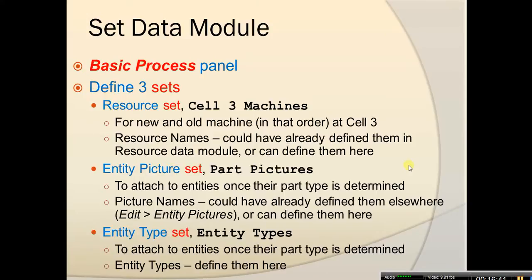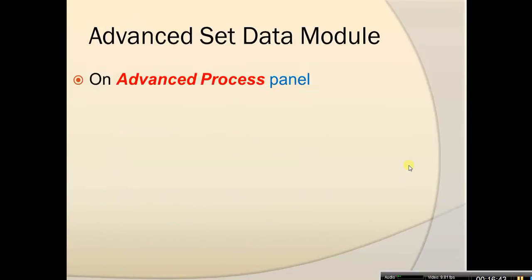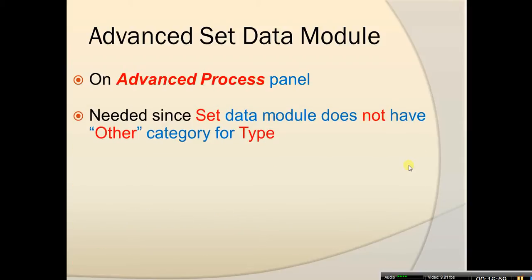So we'll define entity types here, and not only will we use the set, but we also use advanced set. But advanced set is not in the basic process, it's in the advanced process, and that's because we want to combine the sequences in the set, but we cannot combine them in the basic process set.